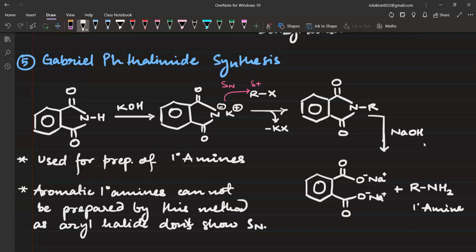Since it is an SN reaction, nitrogen is attached with the alkyl group. So this RX bond is being broken, and this bond cannot be broken in the case of aryl halide because they don't show SN. Okay? Now please write this down.